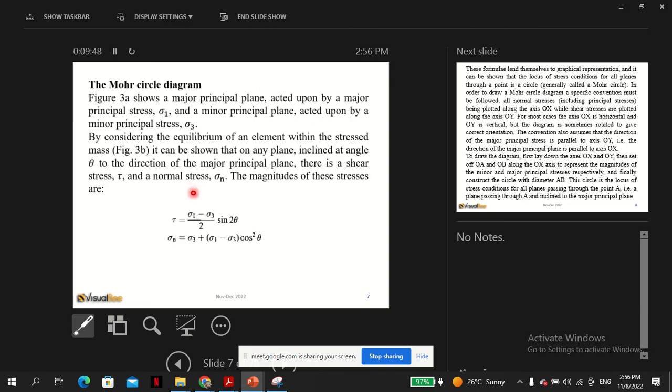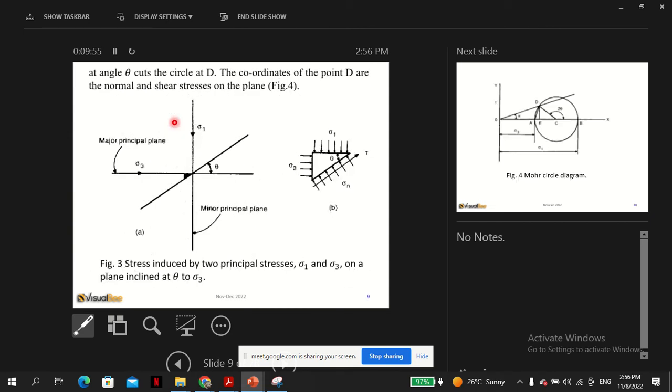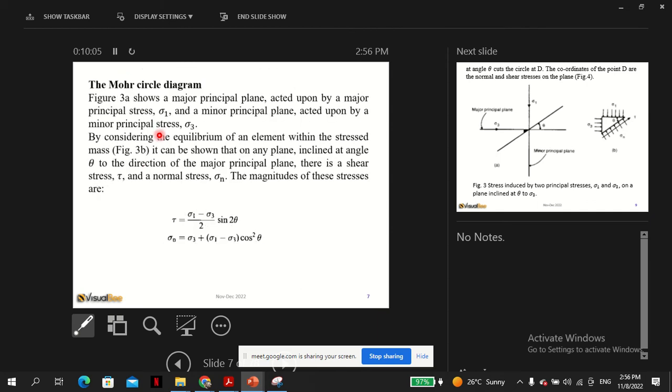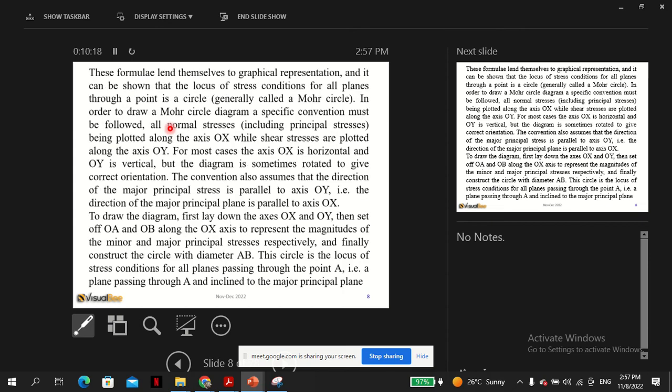So the Mohr diagram, the Mohr circle, we already said this. Figure 3A shows a major principal plane acted upon by major principal stress sigma 1, and a minor principal plane acted upon by minor principal stress sigma 3.